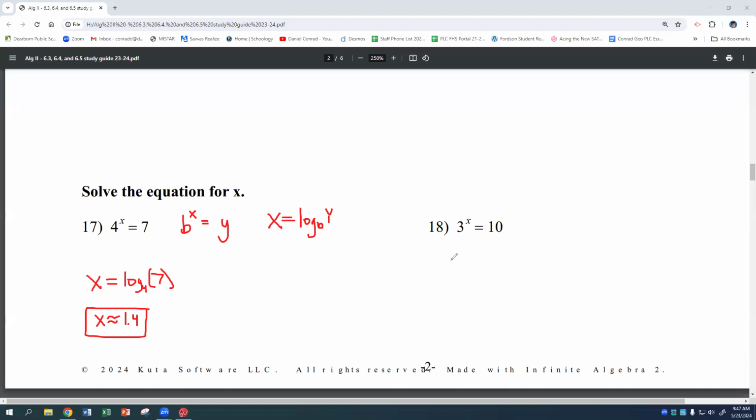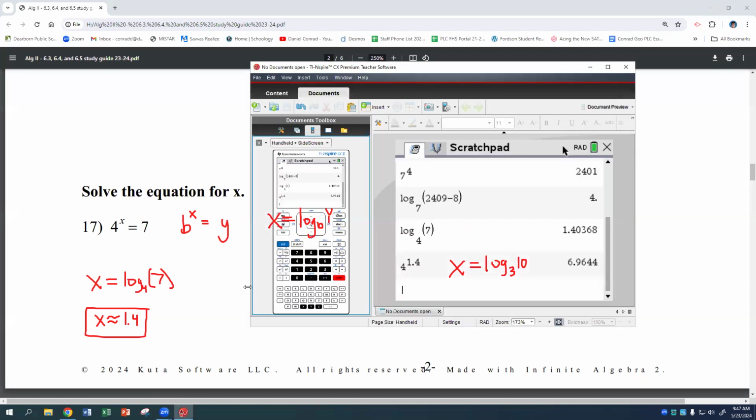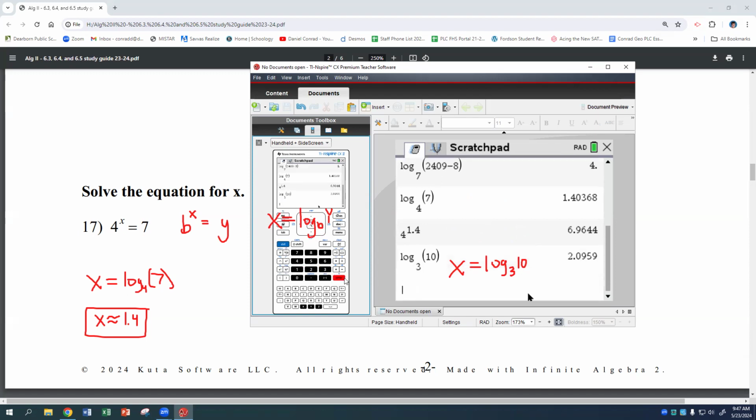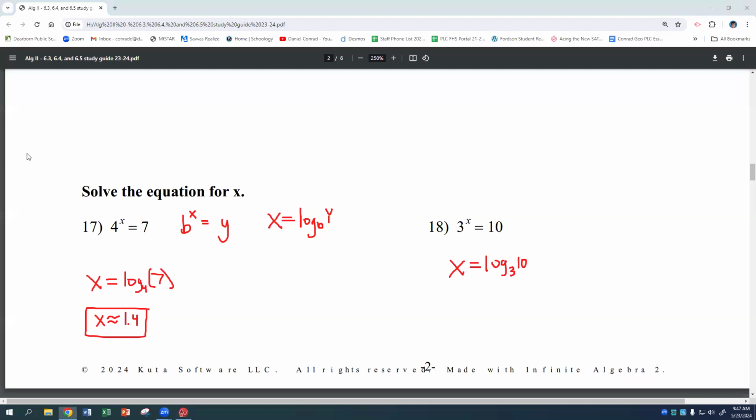All right, next one, we're going to do the same thing. So it's going to become x equals log, the base is 3, the y is 10. And then I'm going to put it in my calculator. Log base 3, 10. And you get 2.09. So I'm going to put 2.1 in.